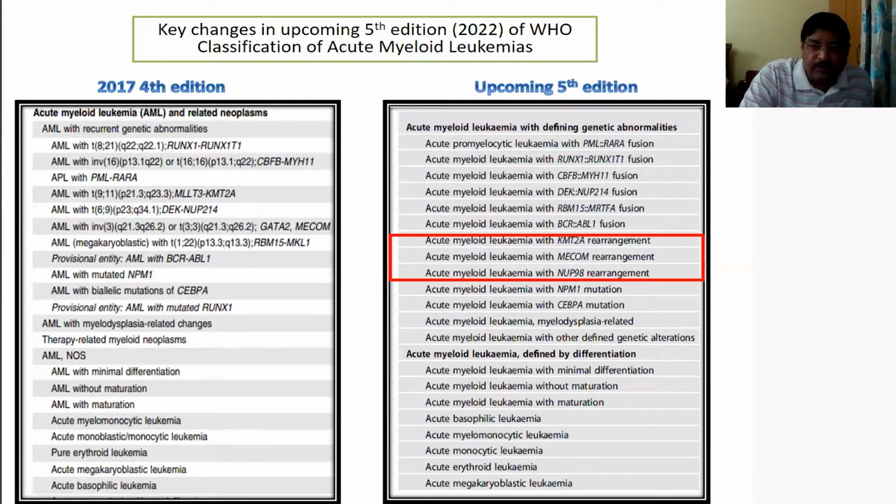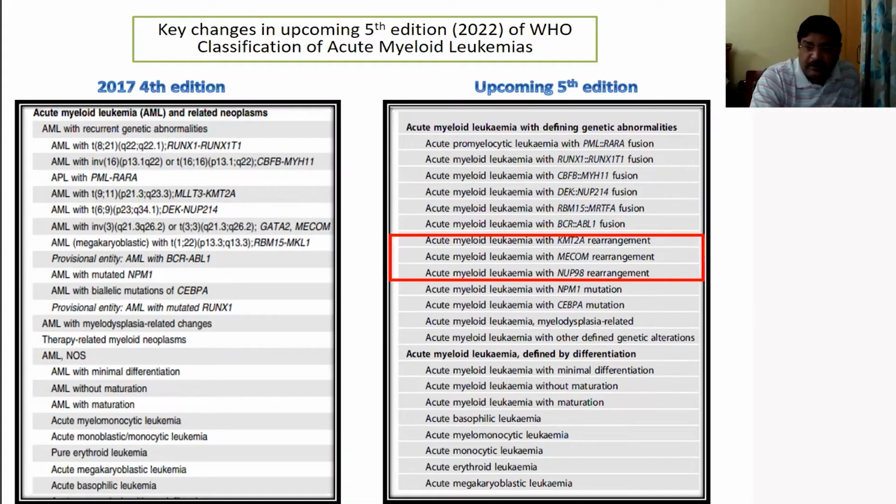So when you talk about AML, 2022 fifth edition and 2017 fourth edition, you find that the boxes in red are the changes that have happened, and all other entities have been retained. Here you have AML with MLL gene, MLL being the previous nomenclature, KMT2A the new nomenclature. So AML with KMT2A rearrangement, AML with MECOM rearrangement, AML with NUP98 rearrangement.